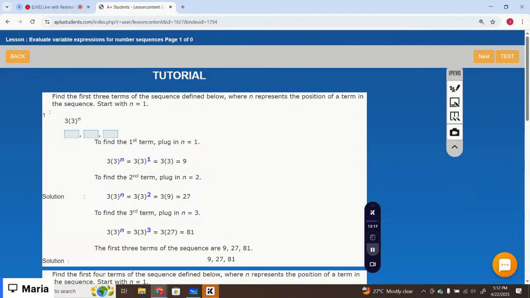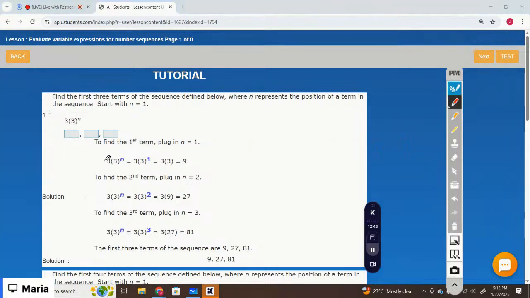Start with n equals 1. 3 exponent n, n equals 1. So that is 3. 3 squared is 9, 3 times 9 is 27, and 3 to the fourth is 81. So they are 9, 27 and 81.